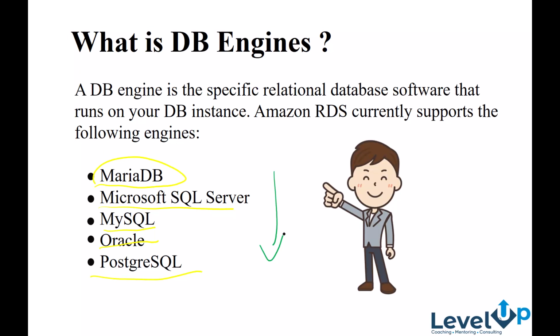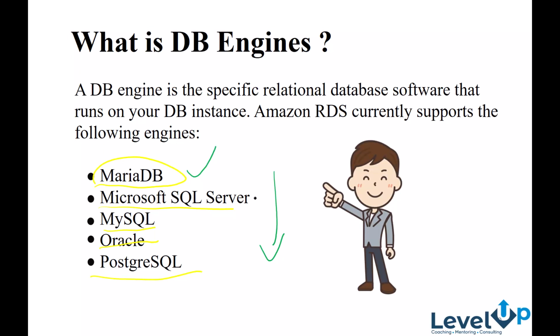Now, as a customer, when you're choosing AWS for your relational database by using a service called RDS, you can work with any of these engines. If you are comfortable working with MariaDB, or your application is integrated with MariaDB, you can do that.